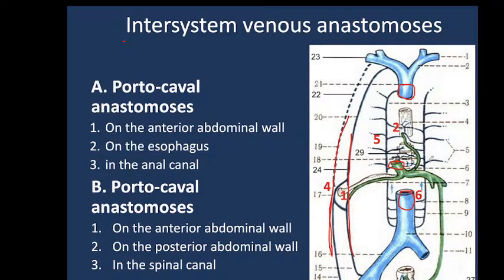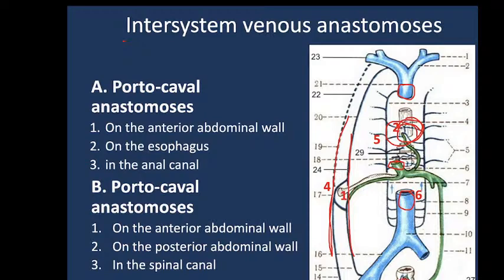They are also located on the esophagus, because most of the esophagus gets blood from superior vena cava, but the lower part of the esophagus, where it is connected with the stomach, has venous blood circulation from portal systems, and this is also a place for such anastomosis.